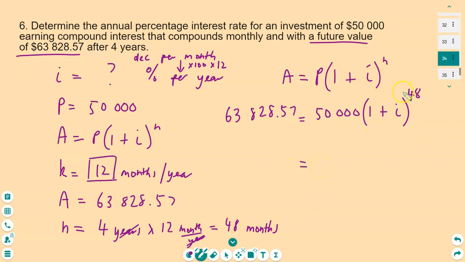How to get to that I? It looks hectic, but it's fine. We need to get to it eventually. First of all, we're going to keep all this bracketed term together. Just forget about that bit. Let's get rid of the 50,000. It's being multiplied by that bracket. We're going to divide both sides.